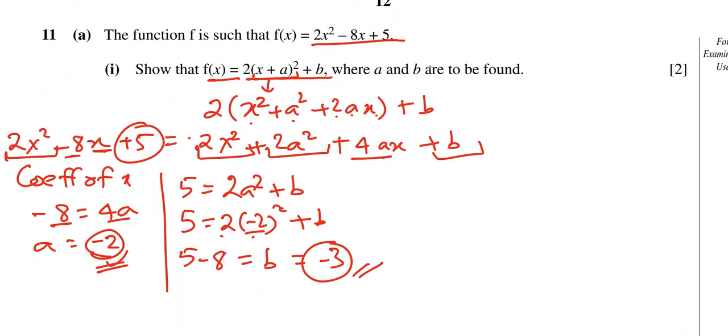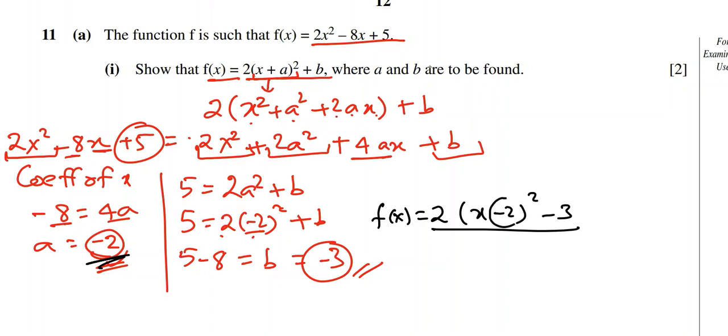So let's write f x also: 2x plus a is minus 2 square plus b minus 3. Whenever we have this format, the negative of this number becomes the x coordinate of the vertex, which is positive 2, and this is the y coordinate, which is minus 3.